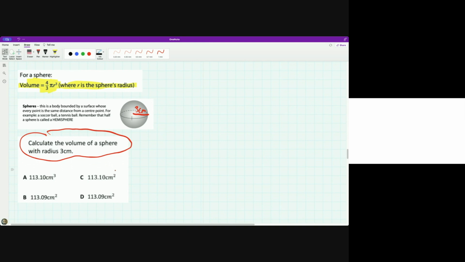In some ways, the sphere is like the easiest one of the lot. Which option do you think it is? Well, I'm going to have to do some maths to figure out for sure. Pi, and then the r is the 3.